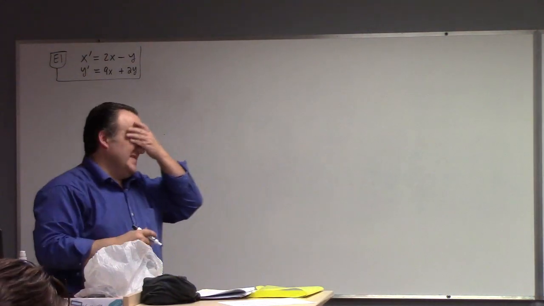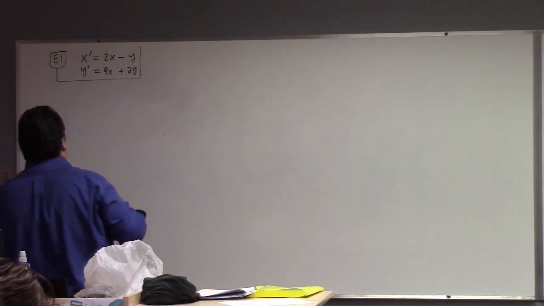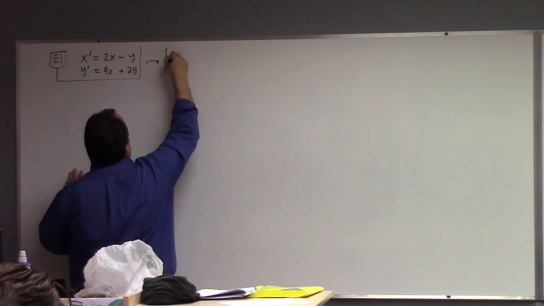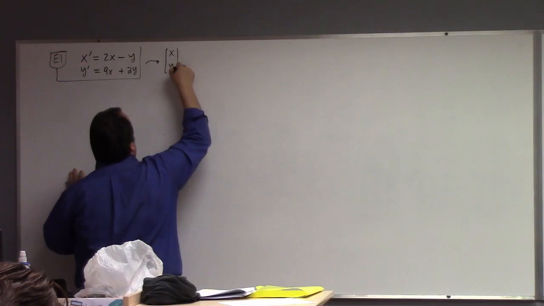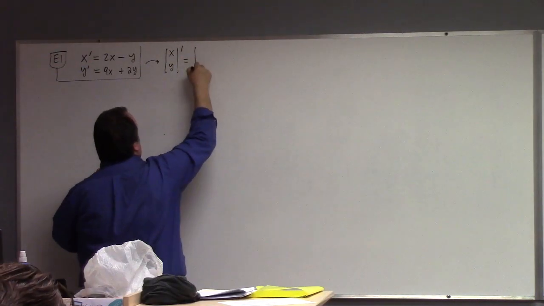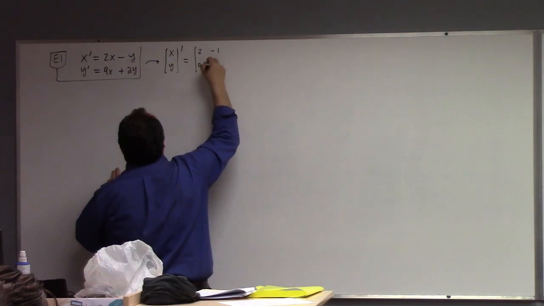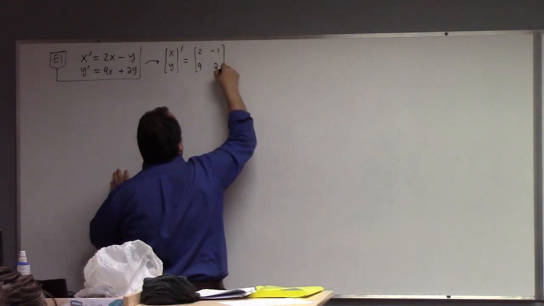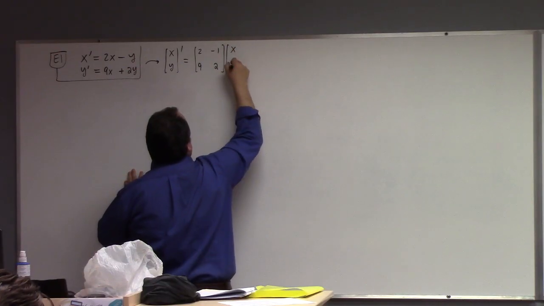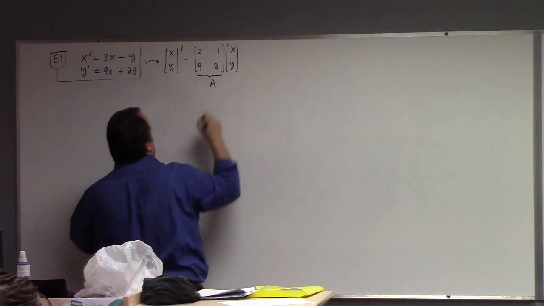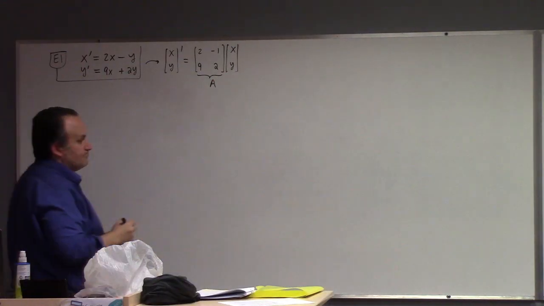So the first order of business is to basically convert it to a matrix problem, right? This is (x, y) prime equals the matrix [2, -1; 9, 2] times (x, y). So my coefficient matrix A is that 2 by 2.